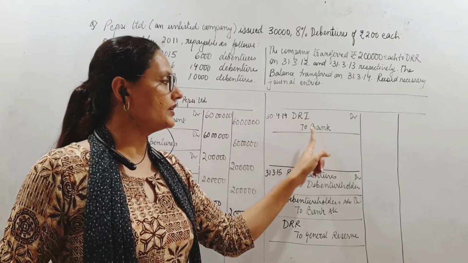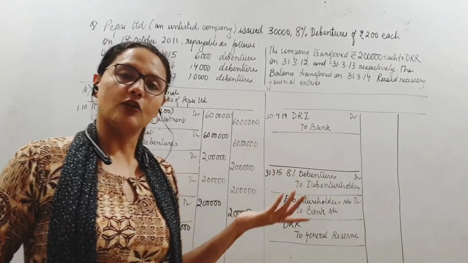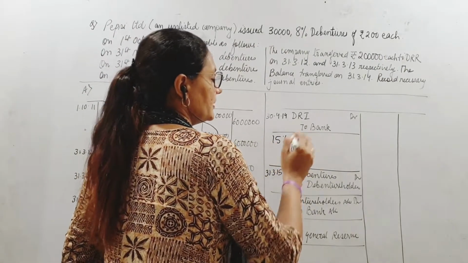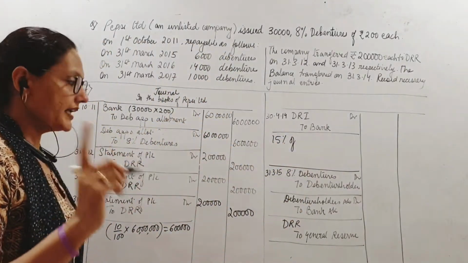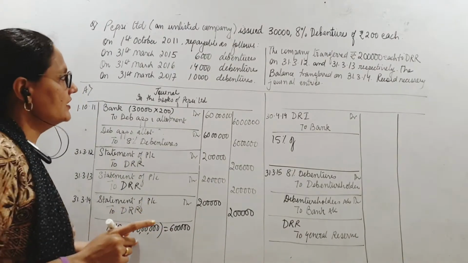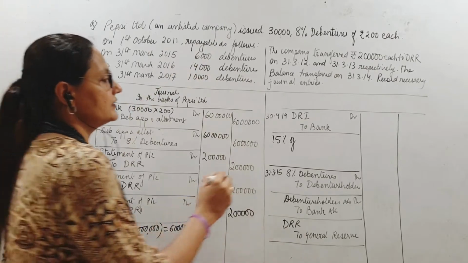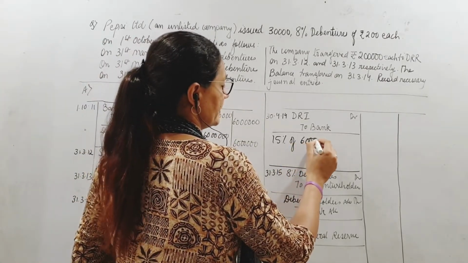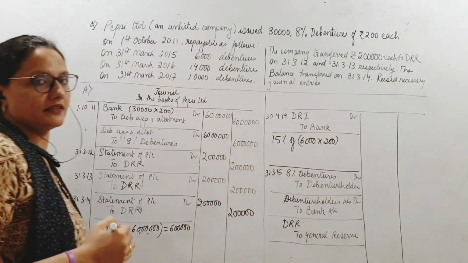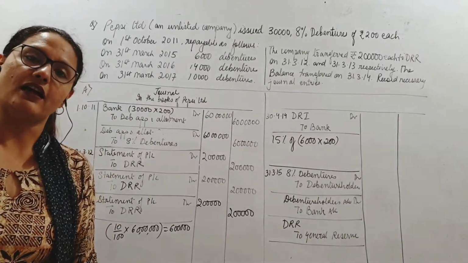So DRI account debit to bank. How much? 15% of the nominal value of debentures to be redeemed. Mind you, not of the entire value of debentures. We are redeeming debentures worth 6,000 debentures, each worth 200. So इसका 15% should be purchased and invested in DRI.